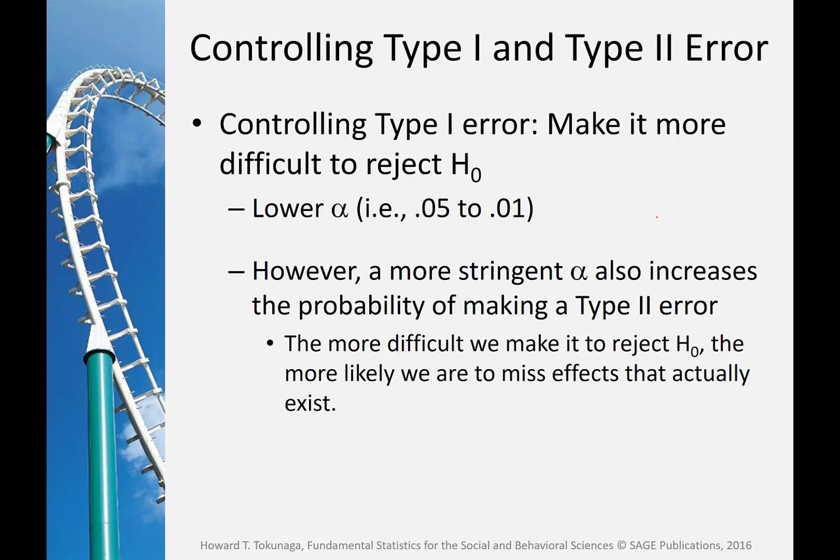Because then we're not rejecting something that we could have. Mathematically, alpha and beta aren't in the same equation. But theoretically, as we think about, okay, if we're going to mitigate alpha, in the end, what we could do is we could do it in a way that would increase beta. Might not, but it's possible. Right? We could miss this effect that actually exists.